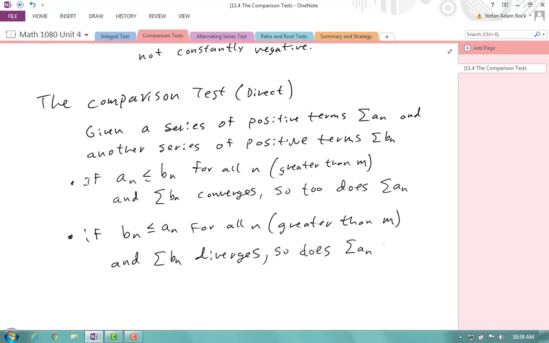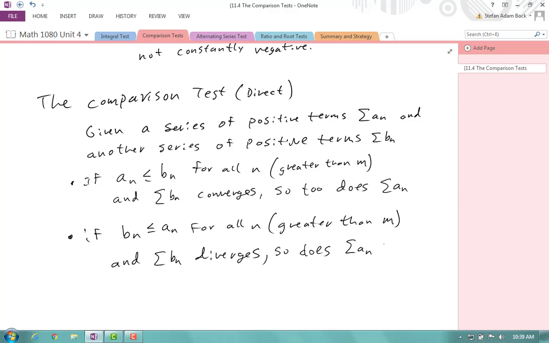Because of positive terms, the sum of b sub n converges, so those terms go to 0, and hence the terms of a sub n go to 0, and since the b sub n terms are bigger, whatever sum the b sub n terms add up to has to be larger than whatever sum the a sub n terms add up to.